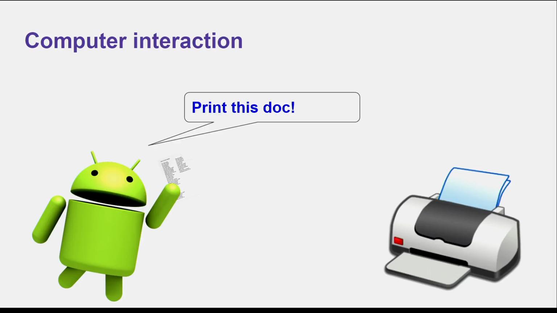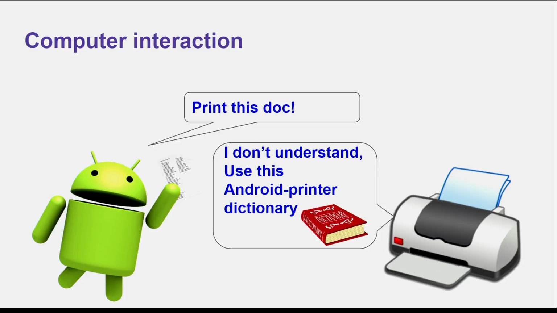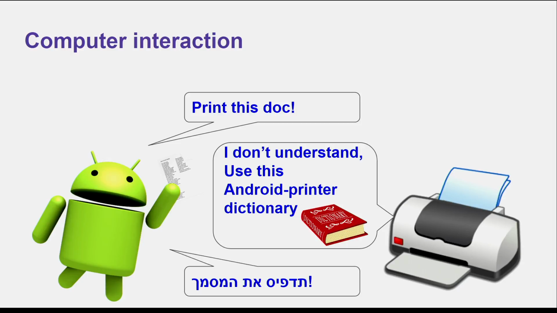What will usually happen if it's the first time we're using this printer is that the printer will not understand us. It will ask us to download some driver, which can be viewed as an Android-printer dictionary, which is, as you all know, a very heavy operation. We need to download a lot and wait, and it's annoying. Only then can we communicate with the printer in the language that the printer can understand.